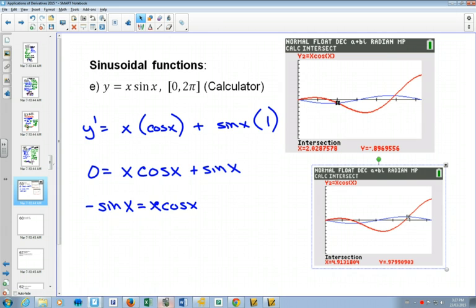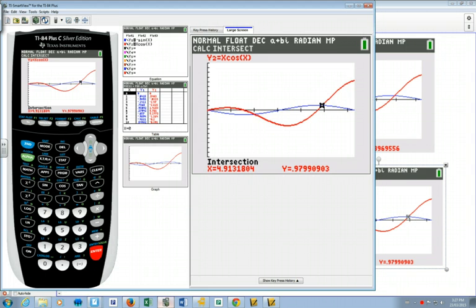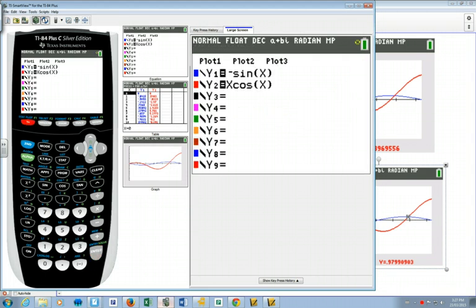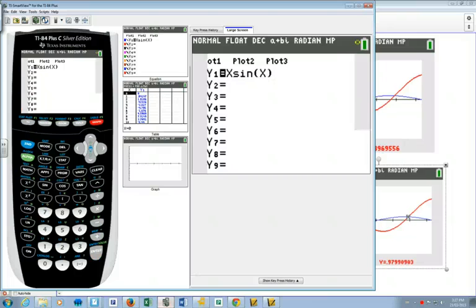At this point, it sort of becomes a moot point. Why not just, if I have this graph and I need to graph it from 0 to 2 pi, put in x sine x to begin with, and then look at its graph from 0 to 2 pi.